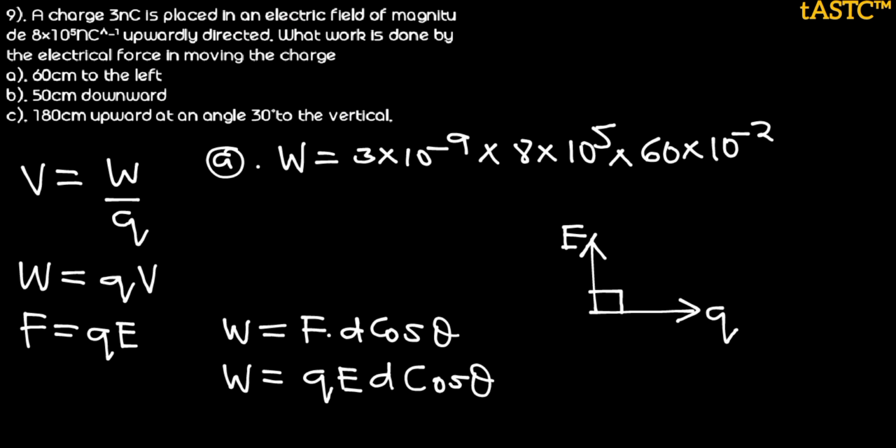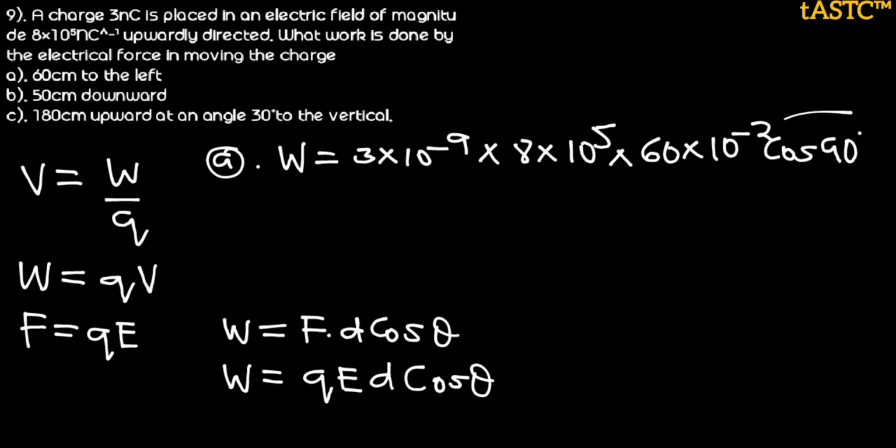Obviously from here, theta is equal to 90 degrees. So in that case, we need to have a cos 90 degrees written there. Now we already know that cosine 90 is basically going to give us 0. So the work done here should be 0 joules.